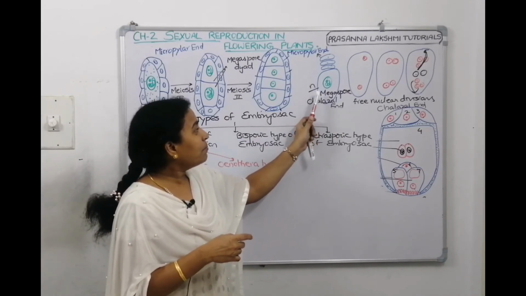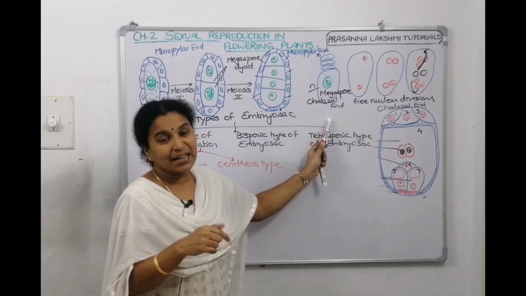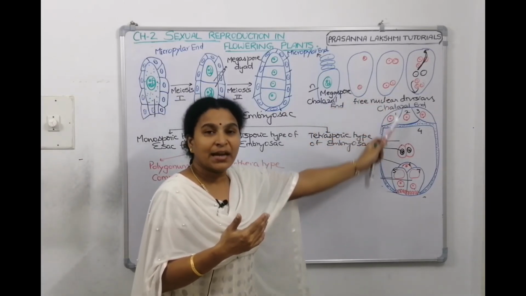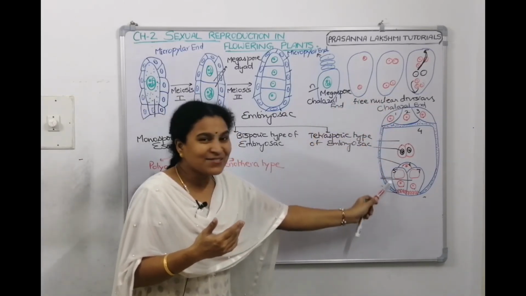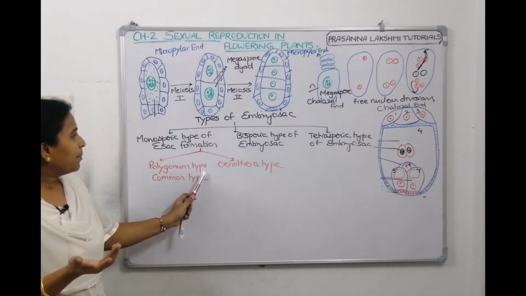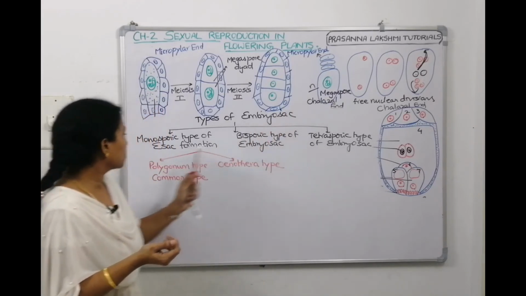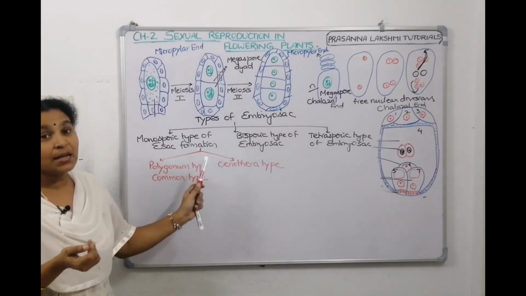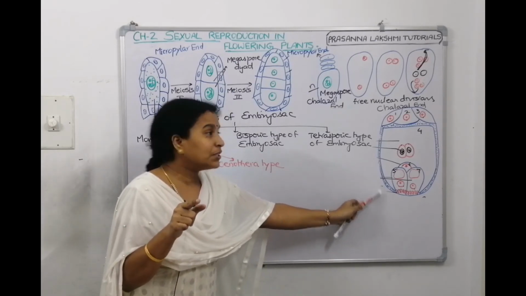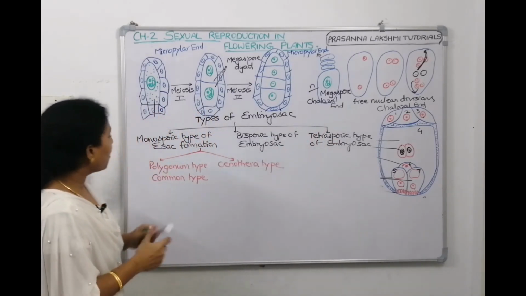The one megaspore which is at the chalazal end remains functional. That made 2 nuclei, 4 nuclei, 8 nuclei and made an embryo sac. What we have seen is the common type, polygonum type. So polygonum type came from one megaspore only, so it is called monosporic type of embryo sac. From where did we get this embryo sac? From the megaspore which is at the chalazal end. So, what is polygonum type?